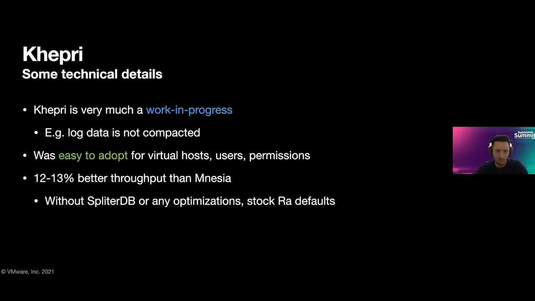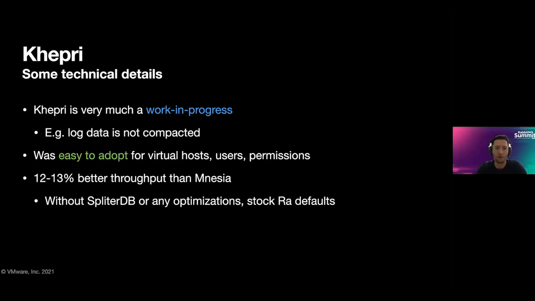So as I said, Khepri is very much a work in progress. For example, deletes are a feature that was introduced like yesterday, and we don't really properly compact data. It uses the same approach as quorum queues, which is sufficient in some cases and not great with others. Data is not compacted as quickly as possible. But for schema, that's probably reasonable because, I mean, most clusters may have a lot of messages, but they don't have that much data.